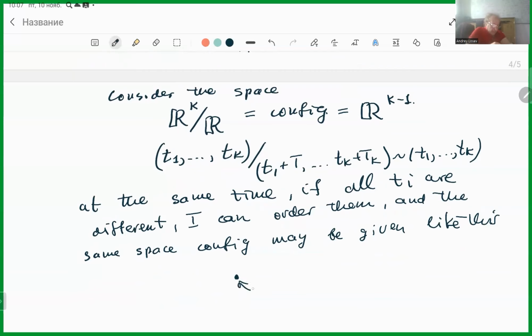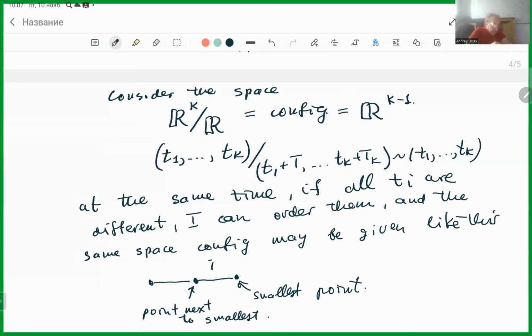Consider the smallest point, then the point next to smallest, and so on, with Ti being strictly positive.